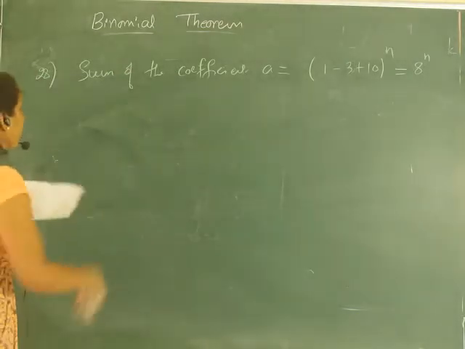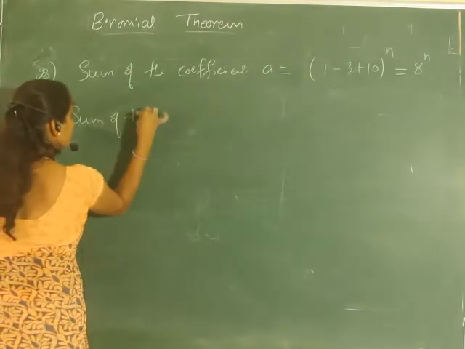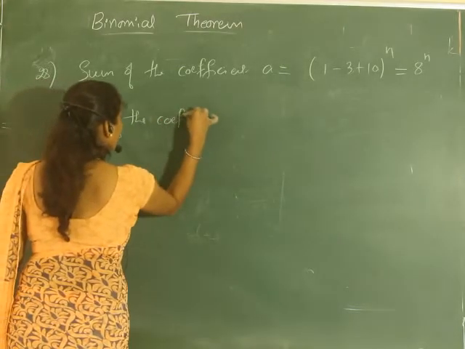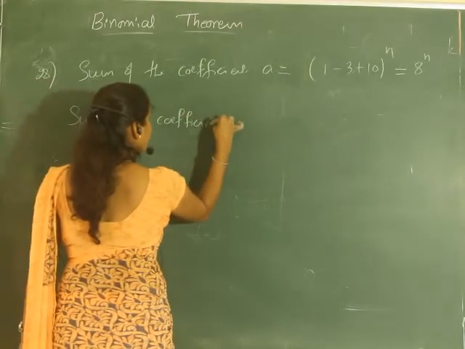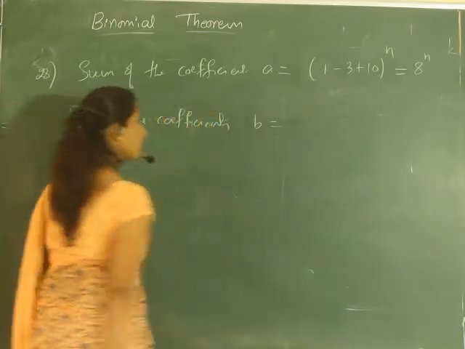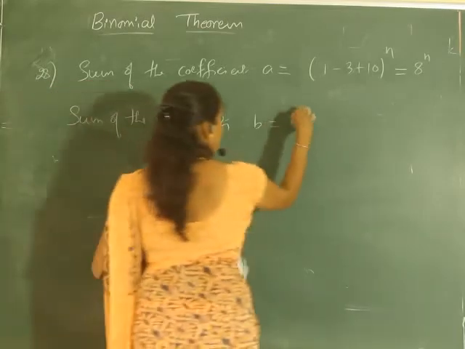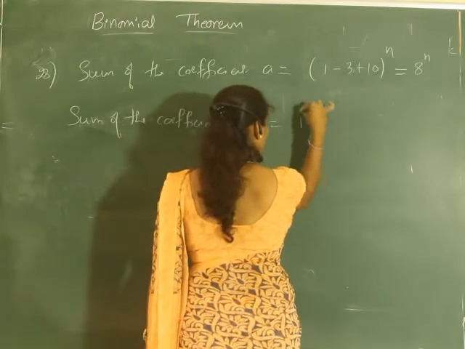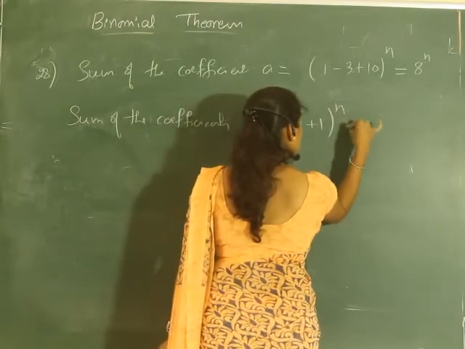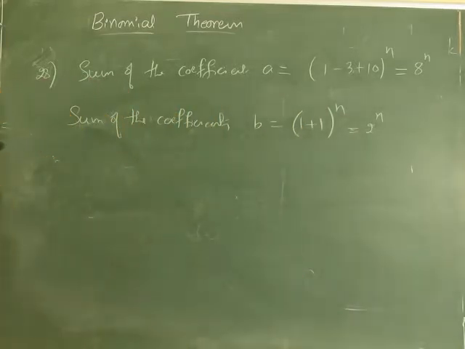So that is A. Then the sum of the coefficients in the second expansion is B, again by taking x is equal to 1. So what we get? 1 plus 1 to the power n, that is 2 to the power n. So what is the relation between A and B now?